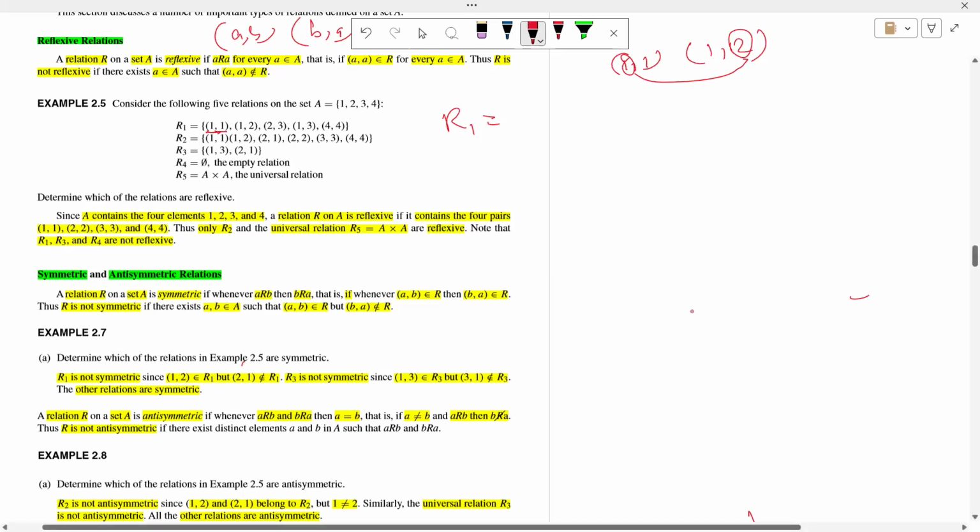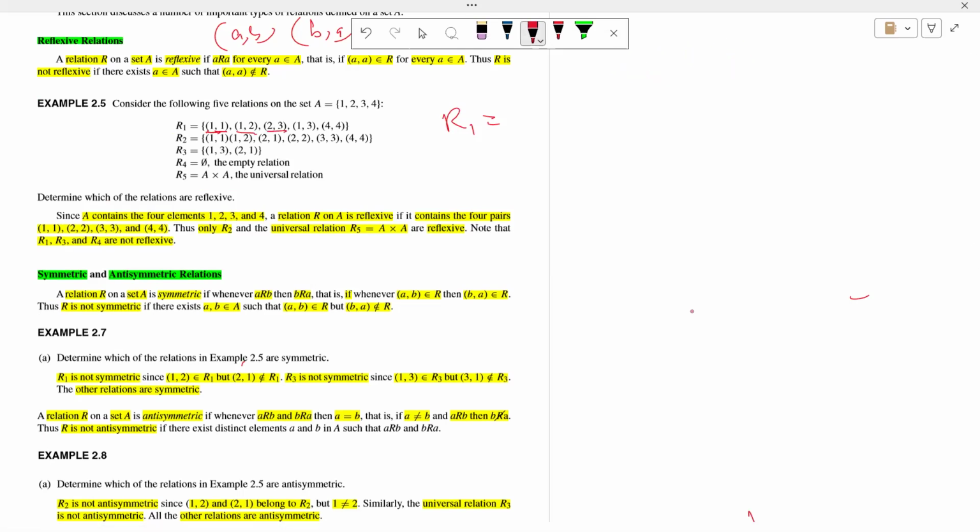Now if you look here, (1, 2) and (2, 3): one ordered pair is (1, 2), another ordered pair is (2, 3). Then you have another ordered pair (1, 3). So (1, 3) also exists. So now it's fine. If you have that type of thing, you can say R1 is transitive.